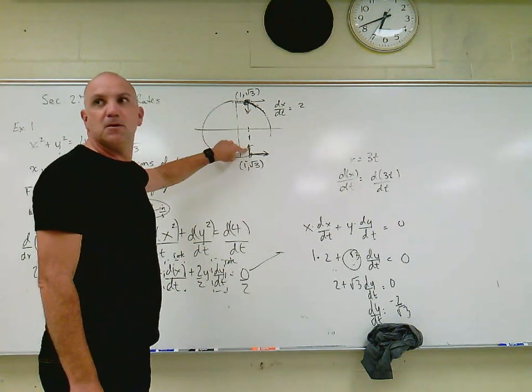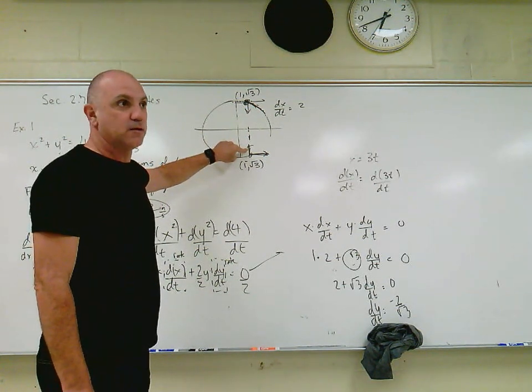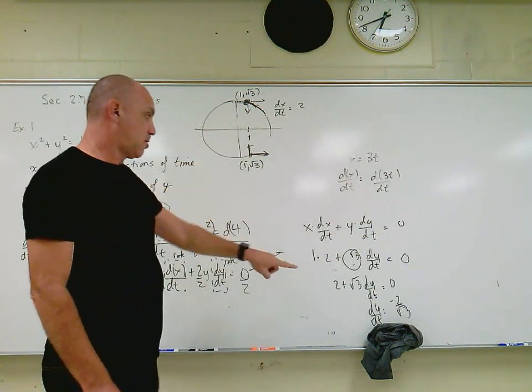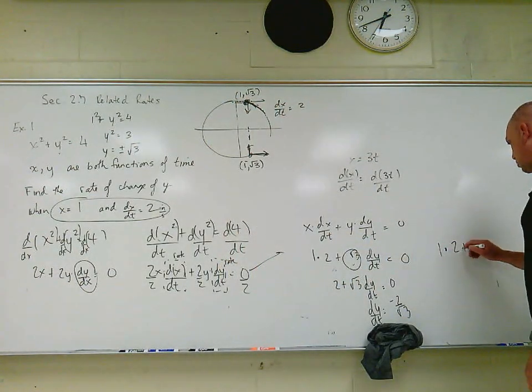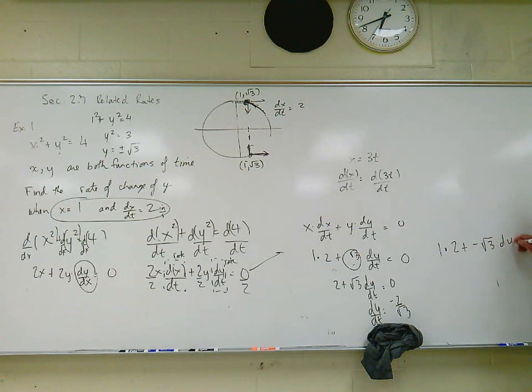Well, notice what's happening to my y over here. My y is increasing, so it should come out positive. So if I put that point in, 1 times 2 plus negative square root of 3 times dy over dt, then when you move this 2 over, you get negative square root of 3 dy over dt is negative 2. You get dy over dt is 2 over square root of 3.